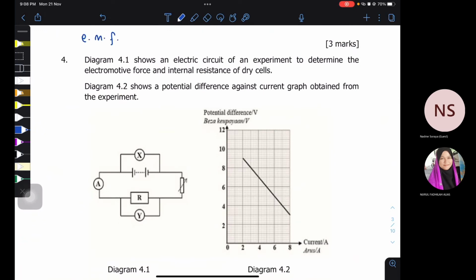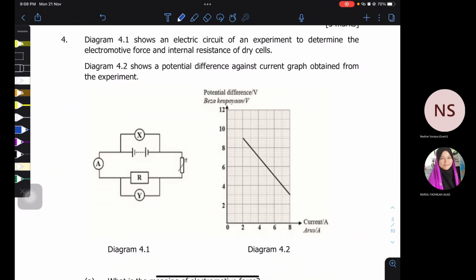EMF. Okay, number 4. Diagram 4.1 shows an electric circuit of an experiment to determine the electromotive force and internal resistance of dry cells. Okay. Diagram 4.2. Kita dah bagi tahu 4.1 ni we have electric circuit when we carry out experiment.